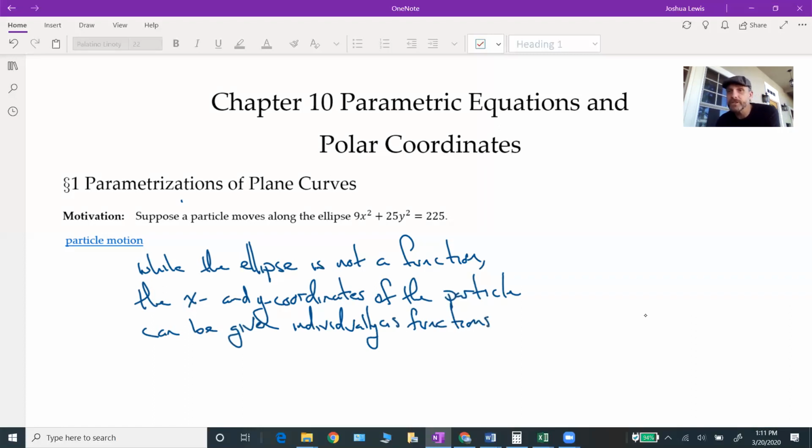So in other words, there's a function for its position on the x-axis, and there's a function for its position on the y-axis. Those functions do not have to be unique. But when you create two such functions, you get what's known as a parameterization.